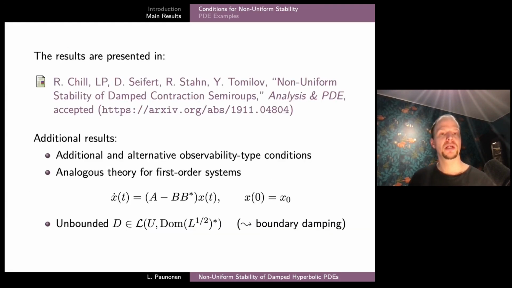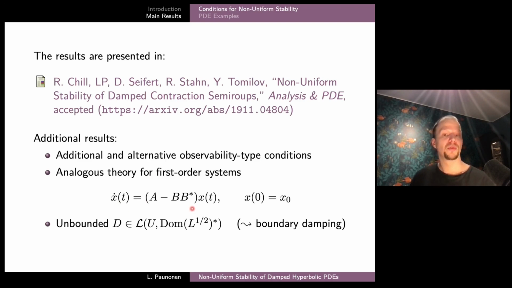So these results are taken from our paper, which was recently accepted, and in the actual paper we have several other results involving especially several alternative types of observability conditions. And in addition, we also investigated similar results for first order abstract differential equations.